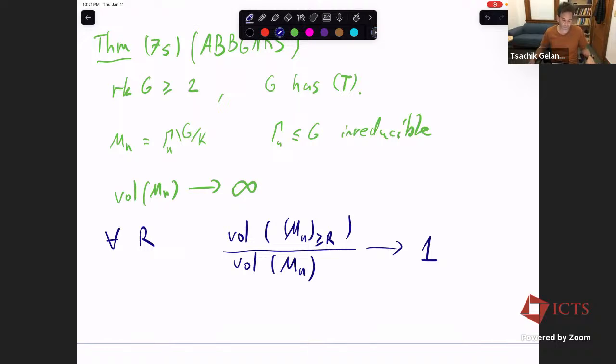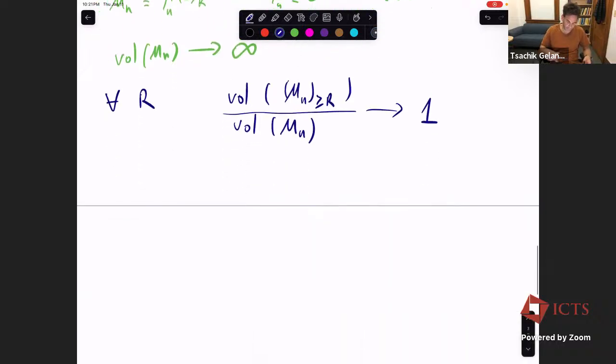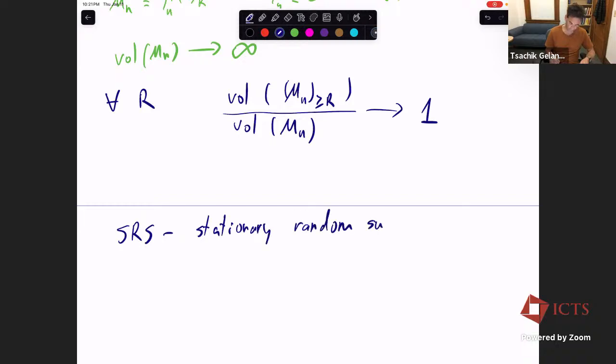So if you want to say something, you have to allow yourself to deal with non-invariant measures, and the idea was to consider SRSs. So these are stationary random subgroups.